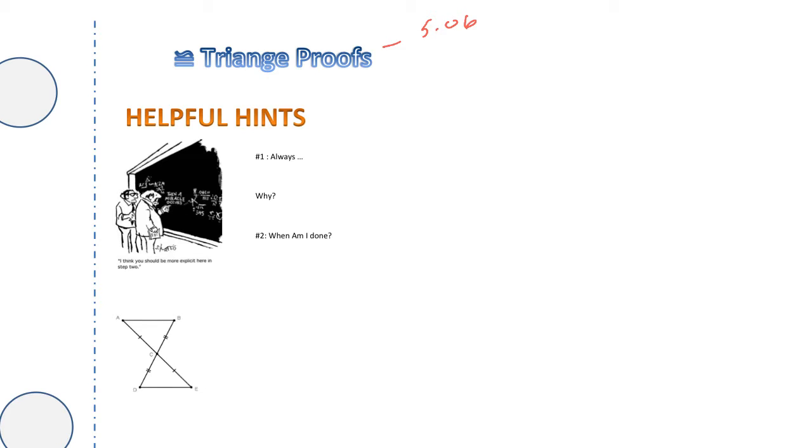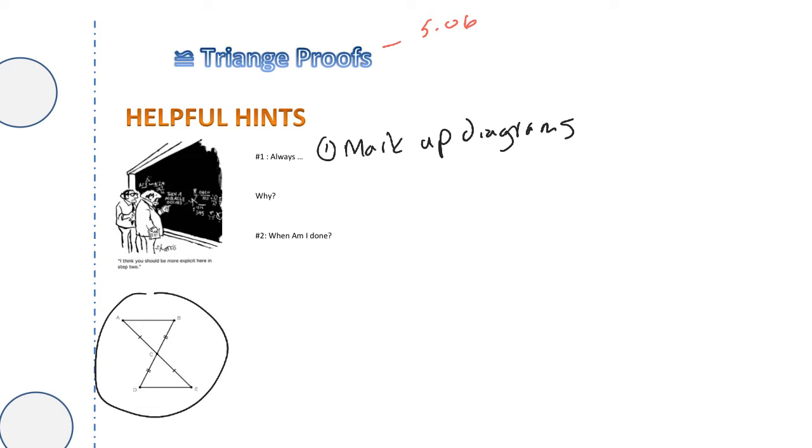So we always want to make sure you mark up your diagrams when we're doing proofs. So looking at this diagram down here, I have some tick marks on it. Let's say I mark these angles are equal. It's really important you mark this up.